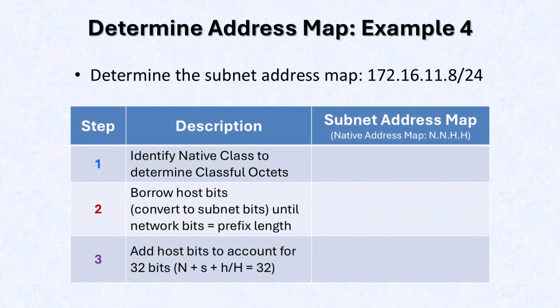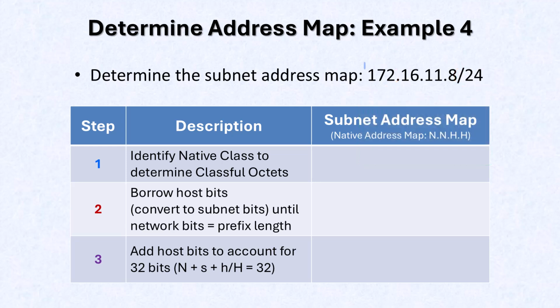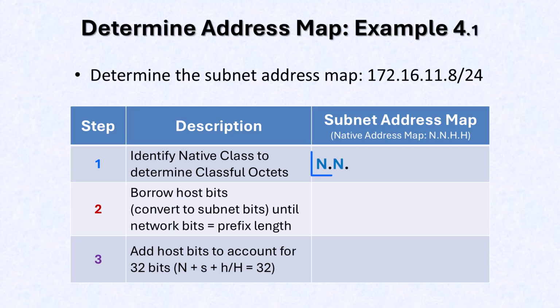Example 4. Determine the subnet address map for 172.16.11.8/24. Since the first octet is 172, the native class of this address is Class B. Since Class B addresses have two classful octets, we will start with 2 uppercase N's.